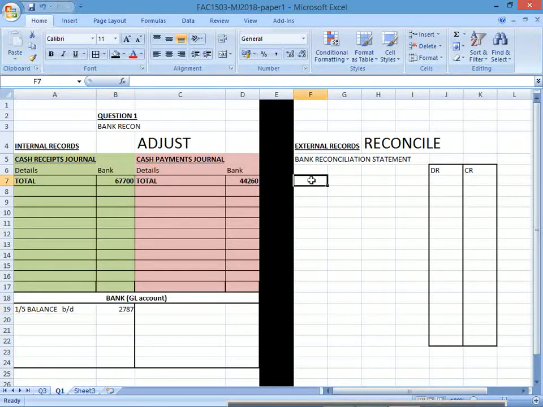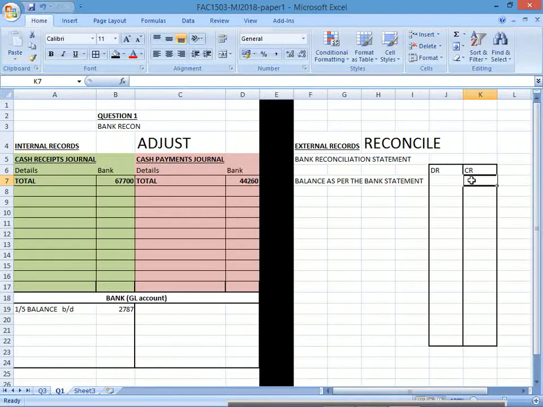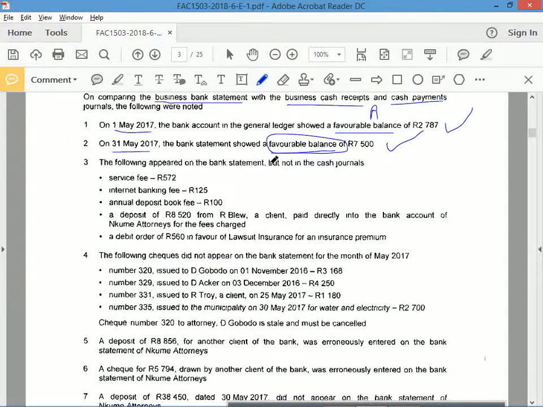That goes here. Balance as per the bank statement. How much was it? Let's go get the figure. 7,500. That goes there, on the credit side. Why? Favorable. You're looking at the bank's record. Okay, tick that, move on.